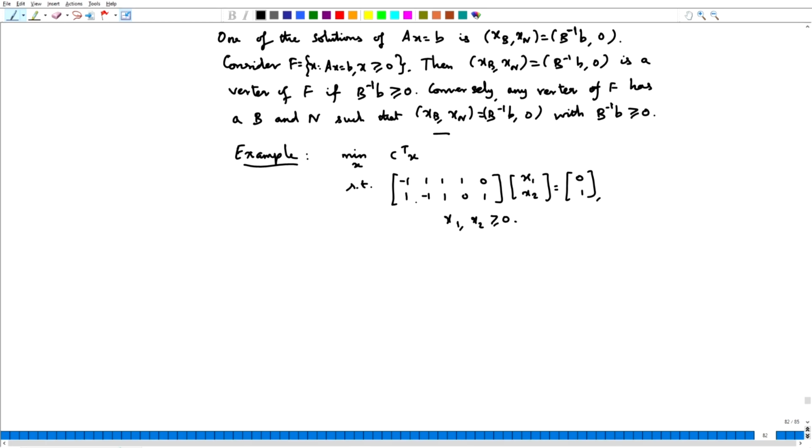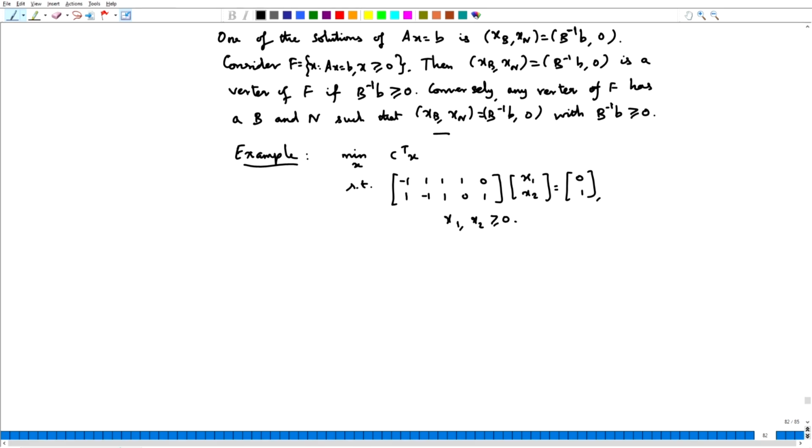But every other pair is linearly independent. 1 3 is linearly independent, 1 4 is linearly independent, 1 5 is linearly independent. Similarly, 2 3, 2 4, 2 5 are linearly independent, 3 4, 3 5 are linearly independent, and 4 5 are also linearly independent. So, you actually have 9 pairs of linearly independent vectors.